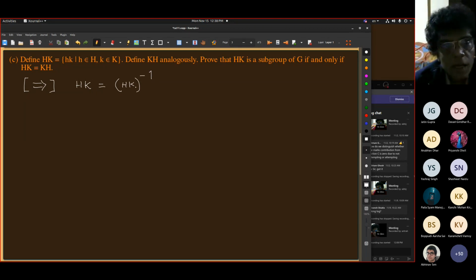Now, what are the elements of this HK inverse? They are of the form small hk whole inverse, so that is k inverse h inverse.